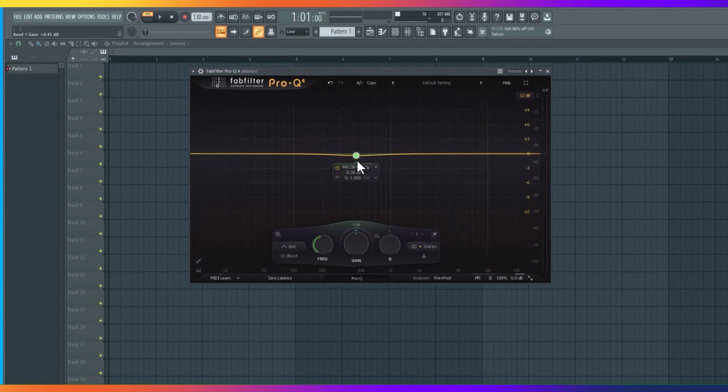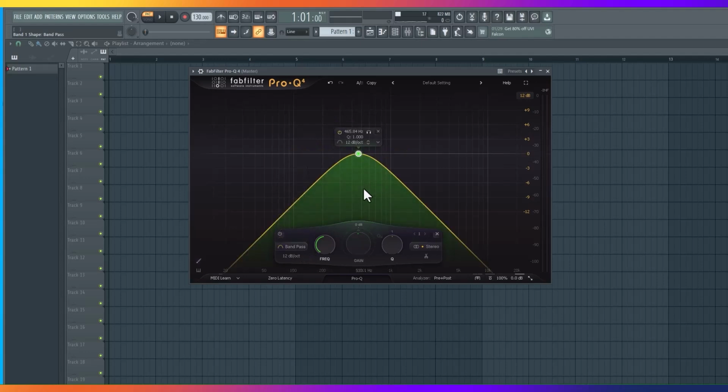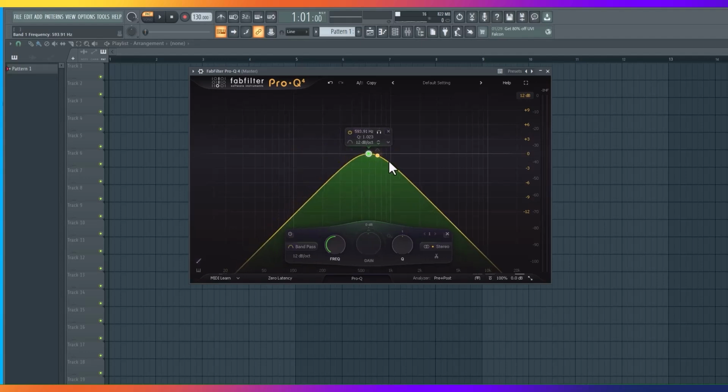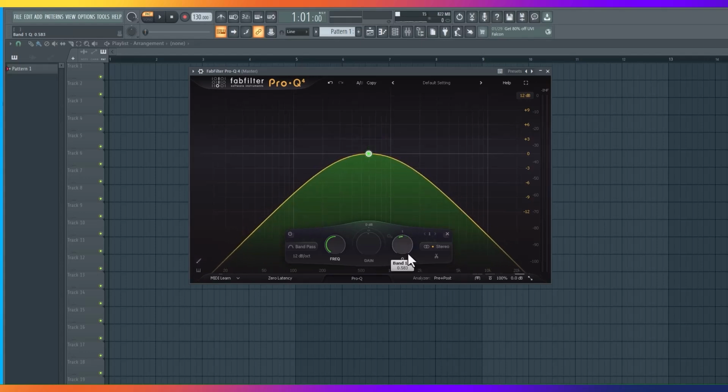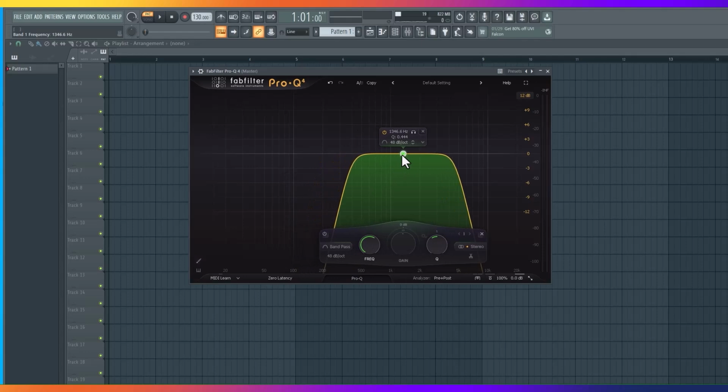We've already talked about the bell. Now let's see which one we've not talked about. Now let's talk about the band pass. The band pass is the range of frequency you probably want to play. We can still use the Q to increase the bandwidth, and we can use the slope to determine how steep we want our curve to be.